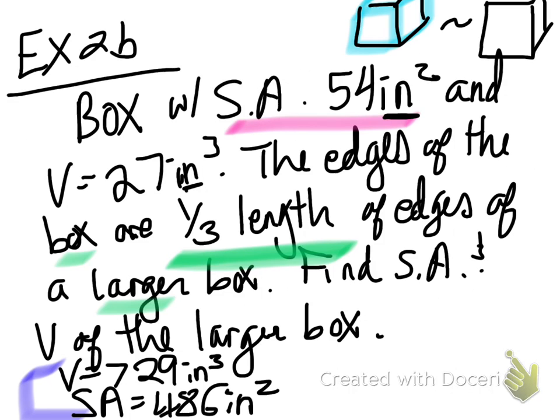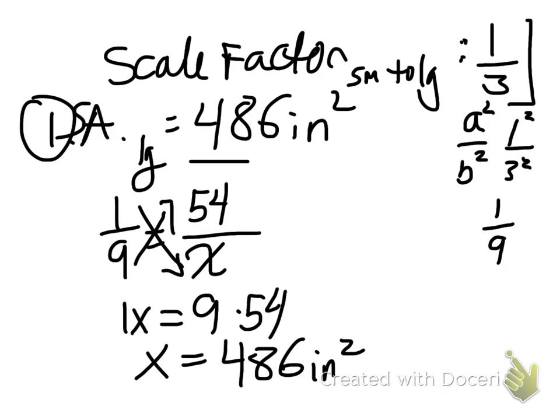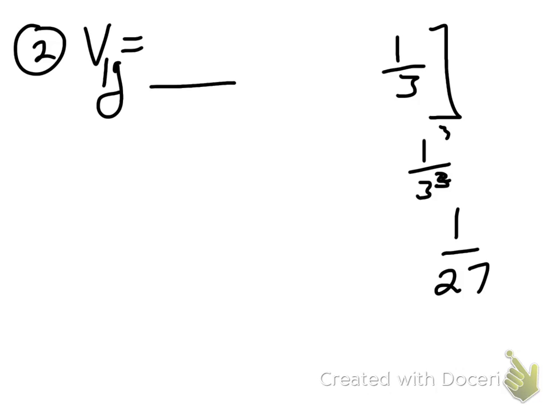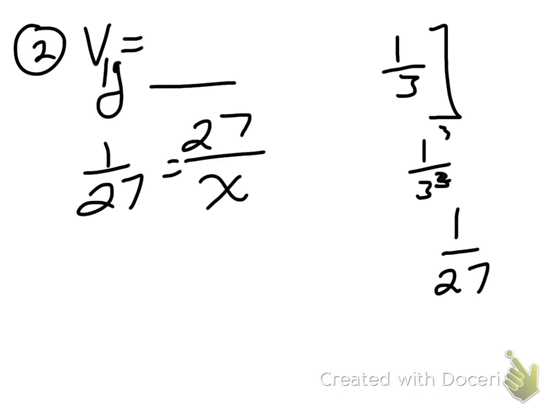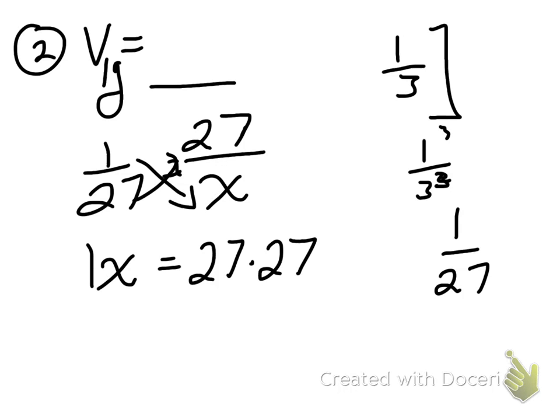So the volume, getting back to our problem, we were given a volume of 27 inches cubed for our small box. So we're going to set up our proportion. 1/27 equals 27 over x. Let's cross multiply and solve for x. 1x equals 27 times 27. x equals 729 inches cubed.